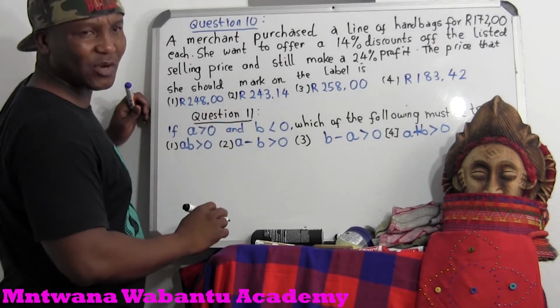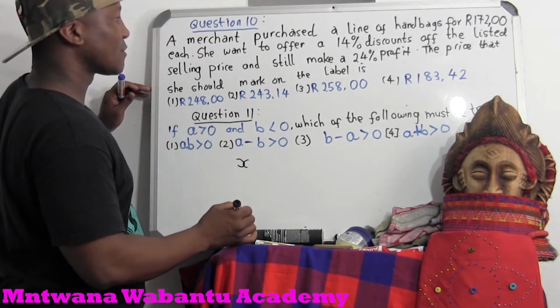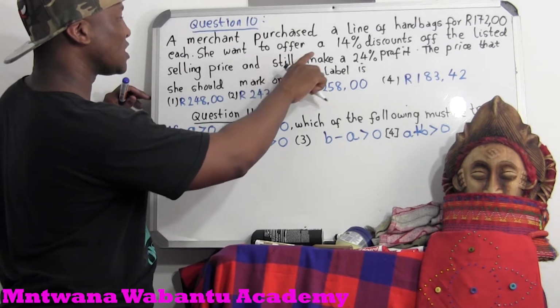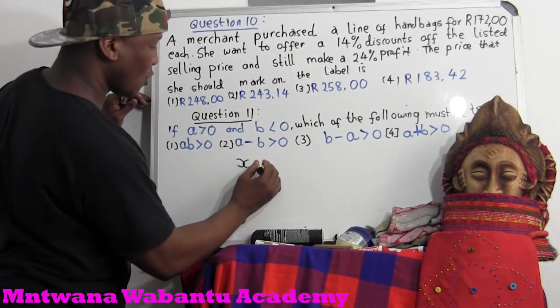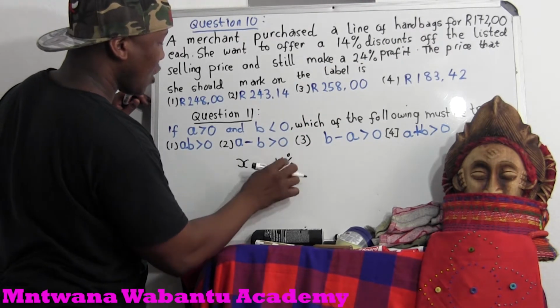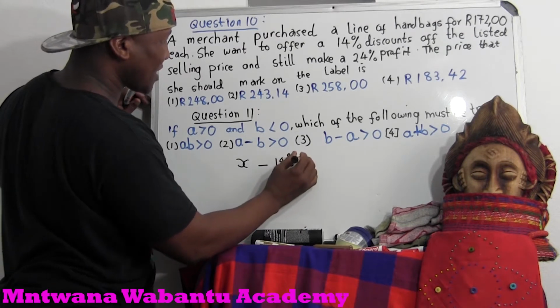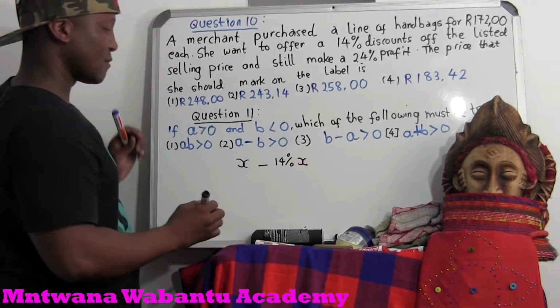I don't know how much she's going to sell it for, so let me call it X. X is the selling price, and she's going to offer 14% off. What is off? Off is like multiplication.